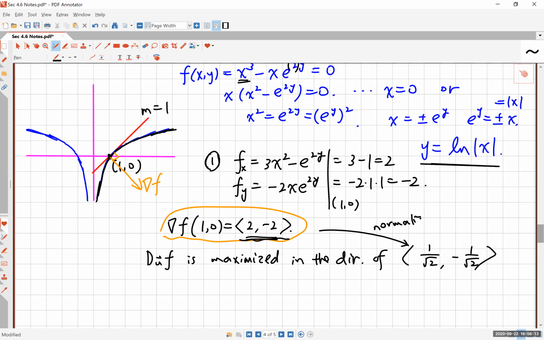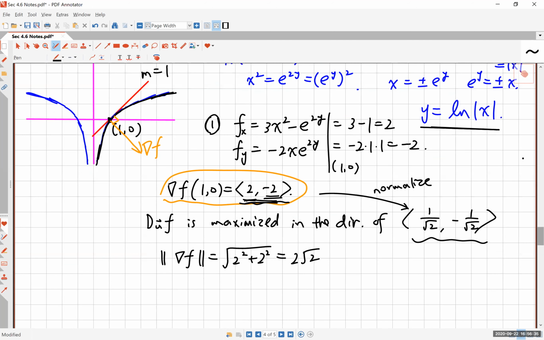The gradient has the magnitude of square root of 2 squared plus 2 squared, which is the square root of 8. That's 2 square root of 2. If you divide each component by 2 square root of 2, you get this normalized vector. Typically, when you are answering the question about the direction, you give a unit vector in that direction.